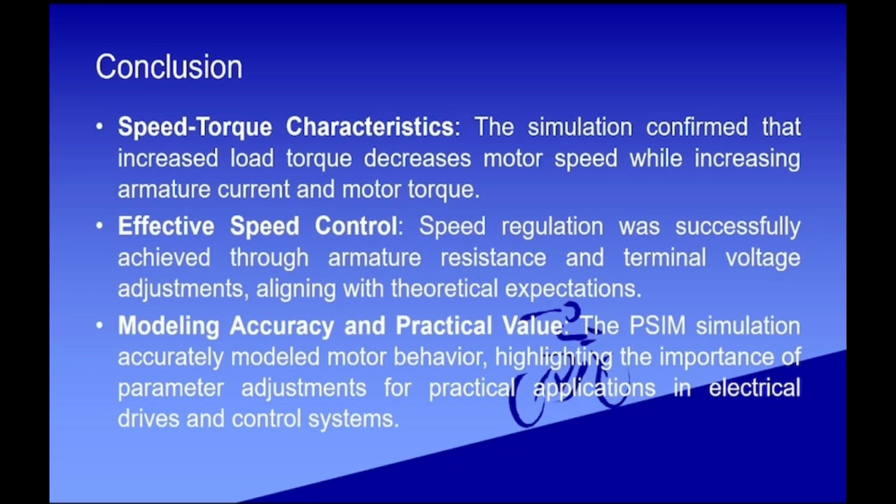Regarding effective speed control, speed regulation was successfully achieved through armature resistance and terminal voltage adjustments, aligning with theoretical expectations. And finally, regarding modeling accuracy and practical value, the PSIM simulation accurately modeled motor behavior, highlighting the importance of parameter adjustments for practical applications in electrical drives and control systems.